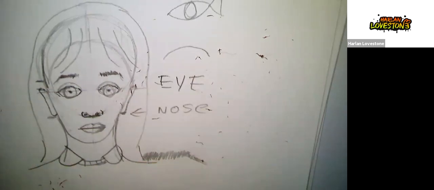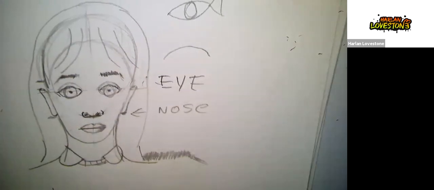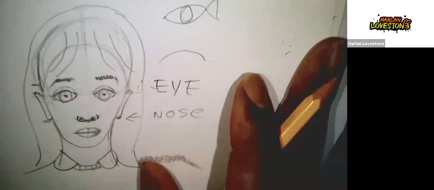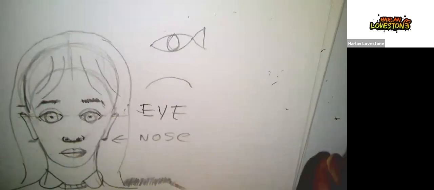Okay, and one thing we forgot is to add maybe some eyebrows. Eyebrows can be done in lots of different ways. Let's just do a simple way. If we're drawing, say, an eye, go back to my eye here. You can do it two ways. I'll show you both ways.